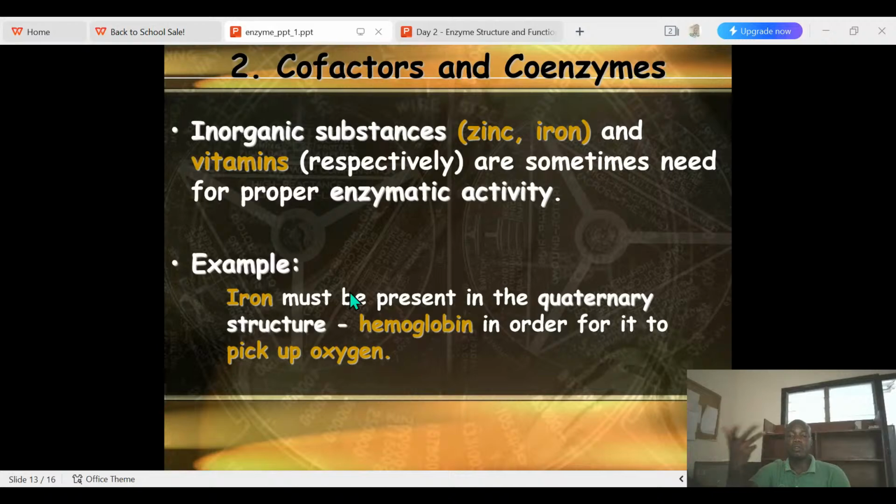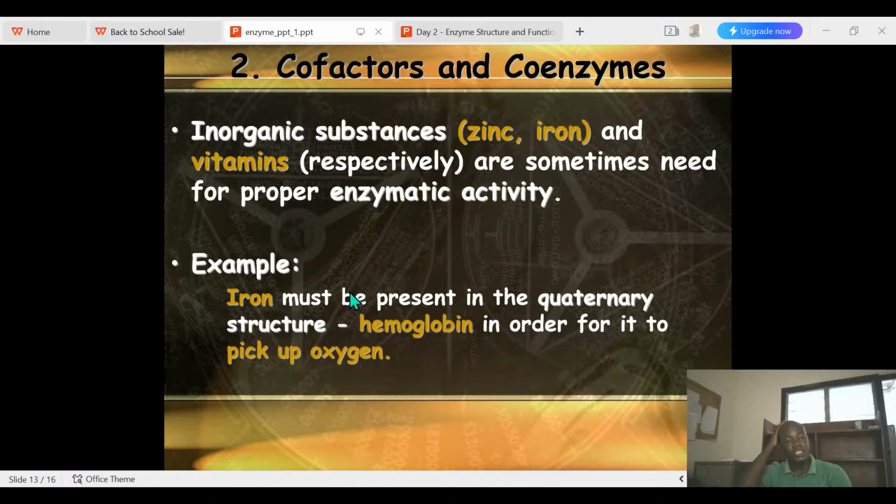So we call them cofactors. And coenzymes are vitamins and are sometimes needed for proper enzyme activity. So there are some enzymes that require cofactors and coenzymes before they carry out their enzymatic activity. What is enzymatic activity? It means converting substrates to product.